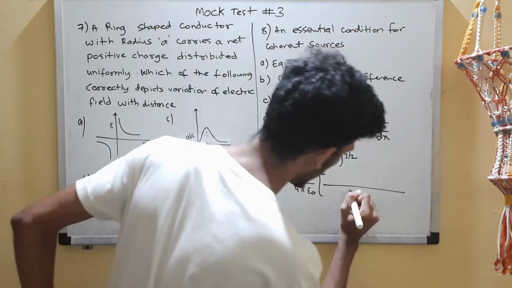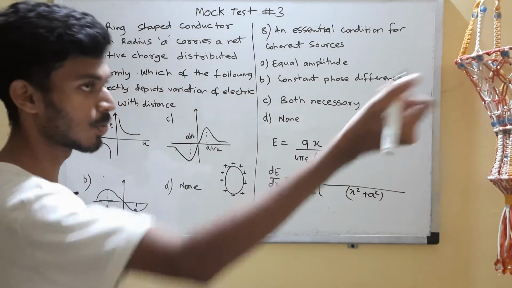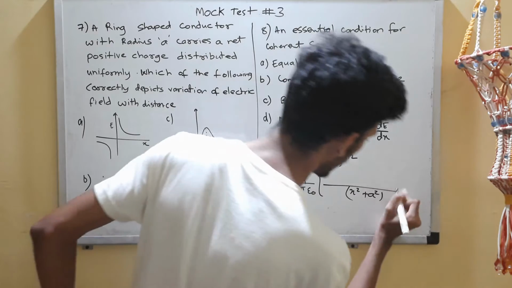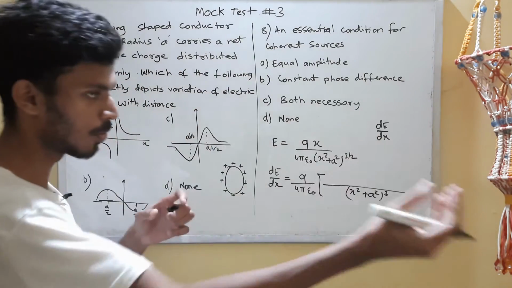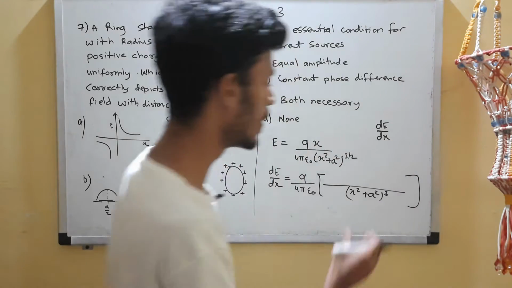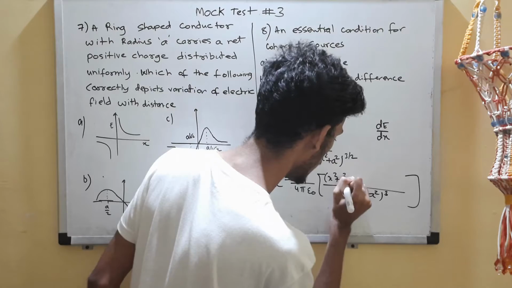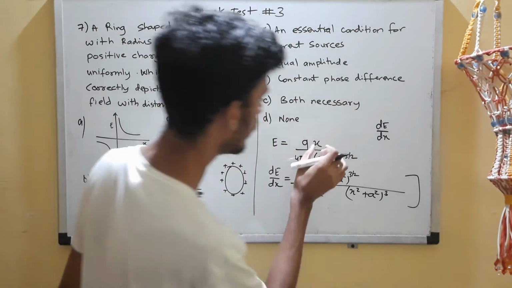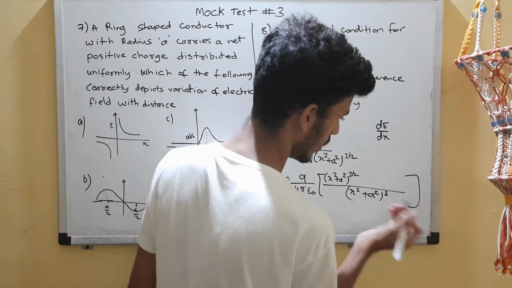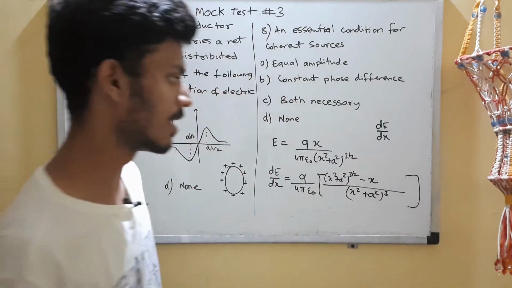So the denominator squared, (x square plus a square) raised to 3 by 2, squared. If you square it, the powers get multiplied, so 3 by 2 into 2, the 2s cancel, and we have this. Now copy the denominator, which gives us (x square plus a square) raised to 3 by 2, times the derivative of the numerator x, which is 1. Now write the numerator, which is x.